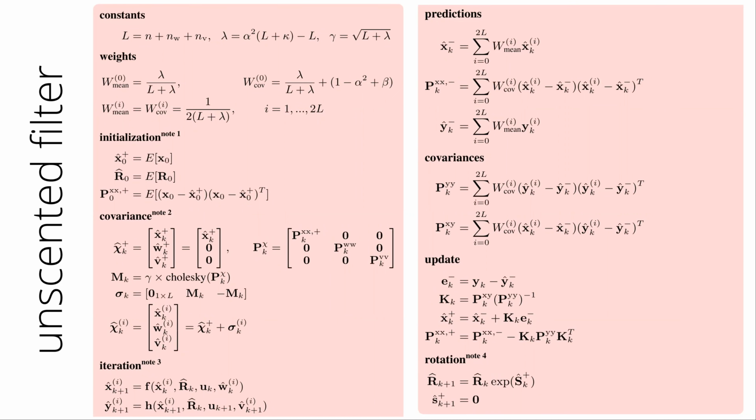These notes mostly just involve converting between the rotational parameters S and a rotation matrix R, and vice versa. I'll also mention that there are several different versions of the unscented filter. In this paper, we use the version where we augment the state X with the process noise W and measurement noise V to create an augmented state chi.